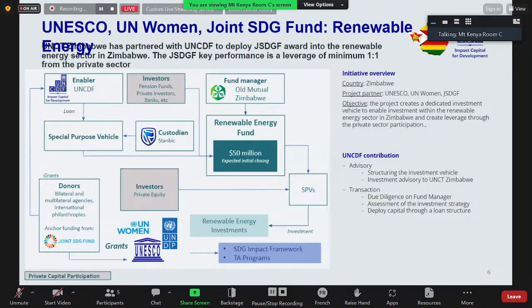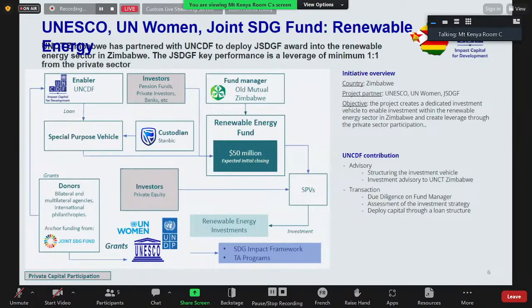So they developed a proposal to a donor called the Joint SDG Fund. And they got a grant of 10 million USD to be invested into renewable energy in Zimbabwe, which includes 2 million as technical assistance and 8 million to be directly injected with the investors who are willing to invest in renewable energy.